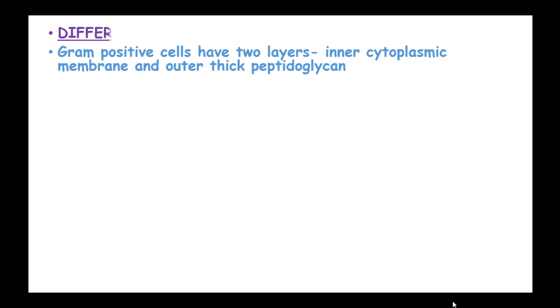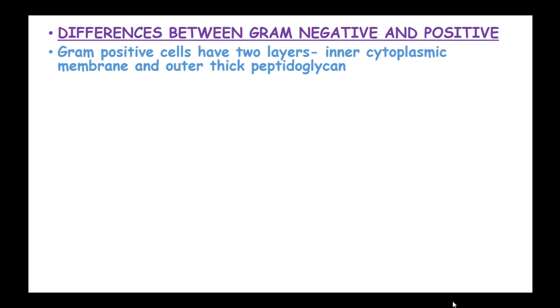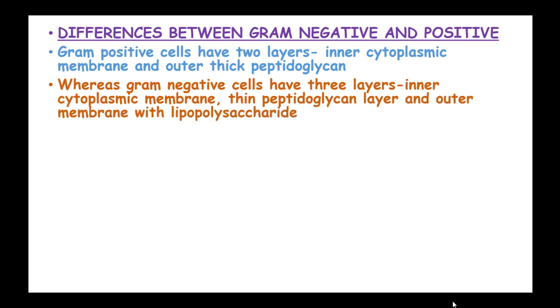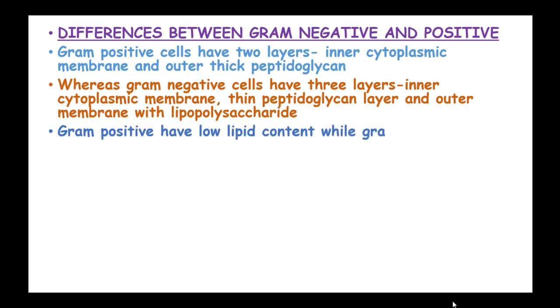Gram-positive cells have 2 layers, the inner cytoplasmic membrane and the outer thick peptidoglycan, while gram-negative cells have 3 layers, which are the inner cytoplasmic membrane, a thin peptidoglycan layer, and an outer membrane with lipopolysaccharide. Gram-positives have a low lipid content, while gram-negatives have a high lipid content.